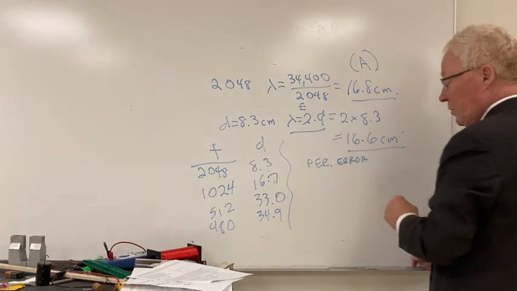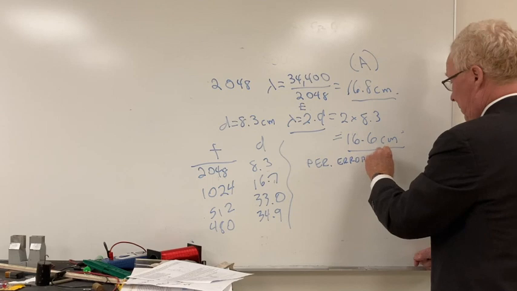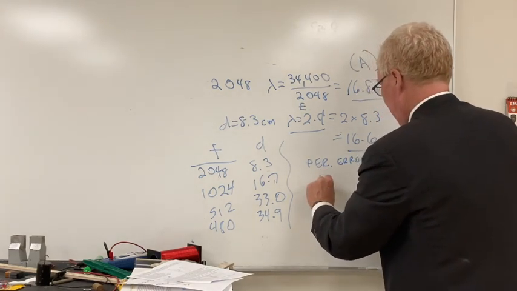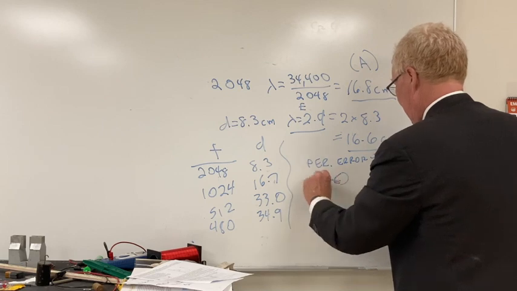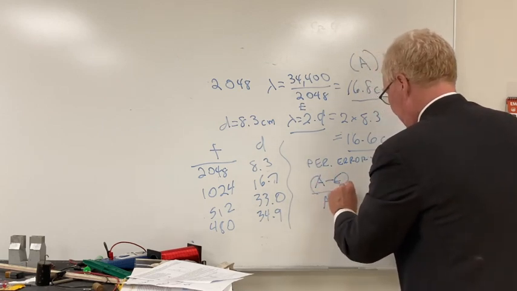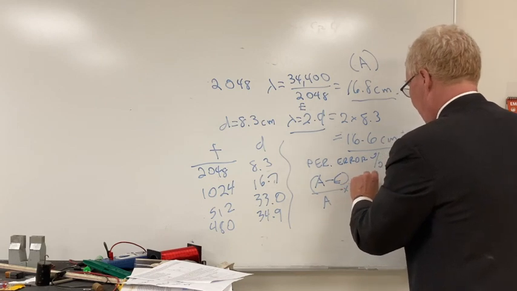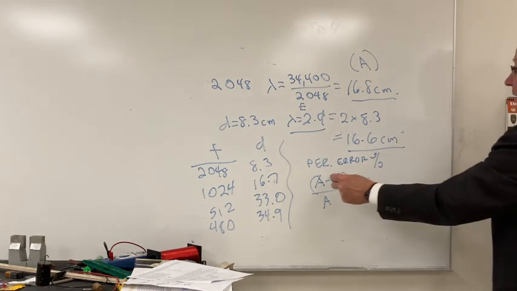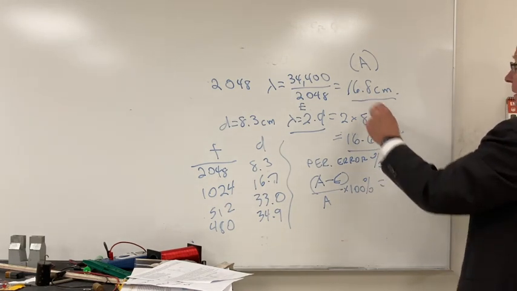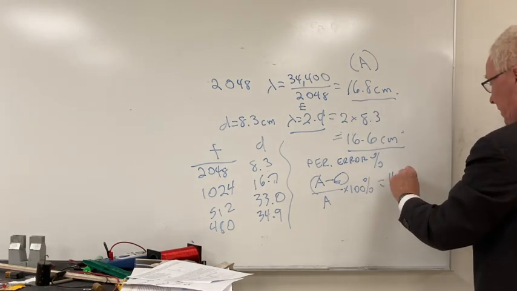all right, is going to be accepted minus experimental over accepted times 100. So I won't work it out for you, but in this case, for this tuning fork, the accepted is 16.8.